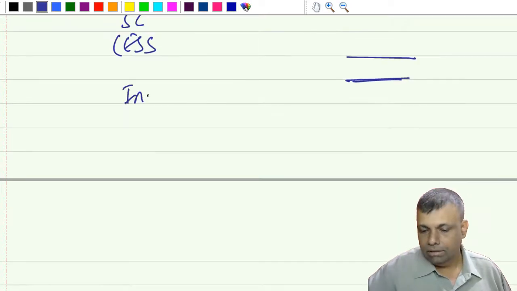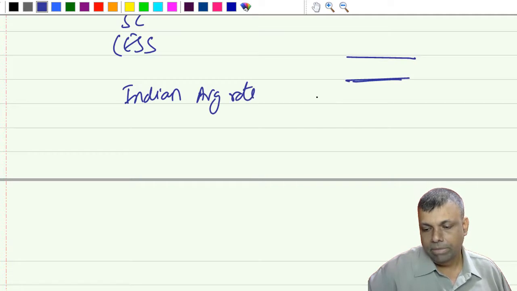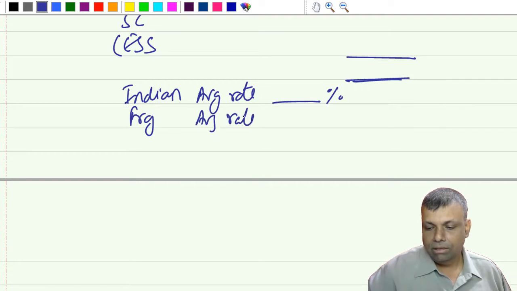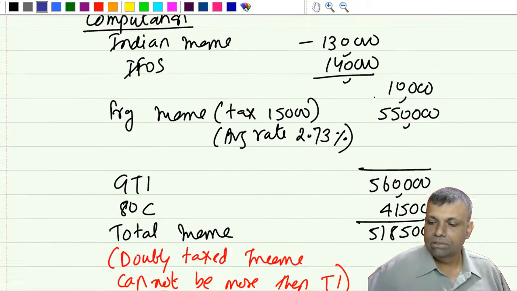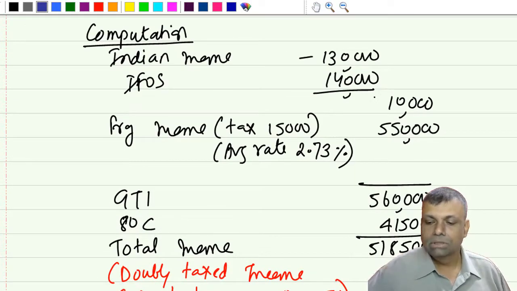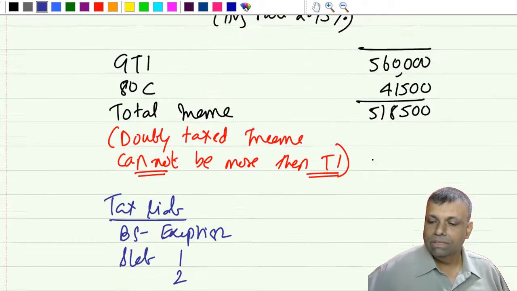You will get the Indian average rate based on this particular working, in terms of percentage. The foreign average rate I have already calculated. The income taxed in that country is 5,50,000, and you are paying 15,000 tax.